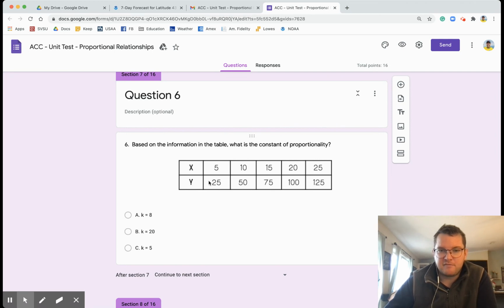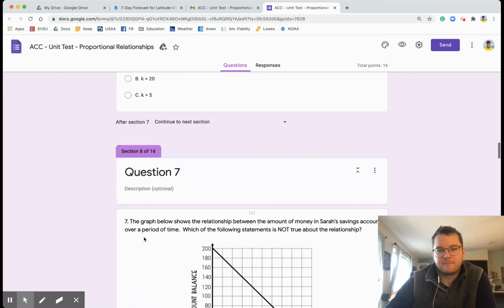So it's 25 over 5. What does that equal? 50 over 10. 75 over 15. 100 over 20. 125 over 25. These will all equal the same answer. And whatever that answer is should be listed right here.